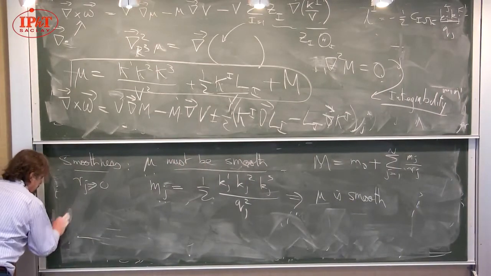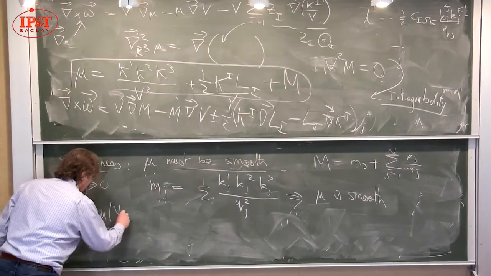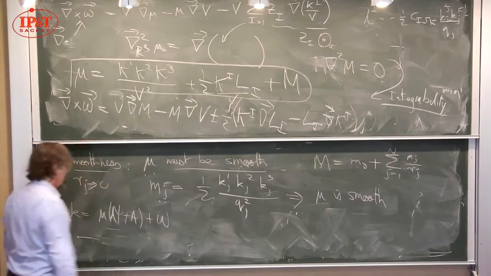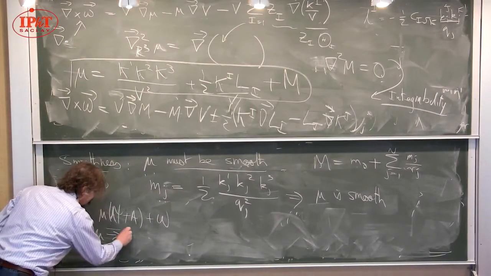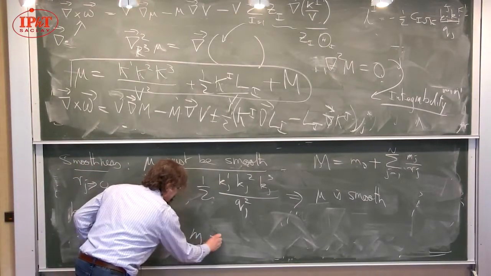Mu, remember, is part of the angular momentum vector. And you would like to go to a non-rotating frame at infinity, which means the angular momentum needs to die at infinity. And that fixes m0.